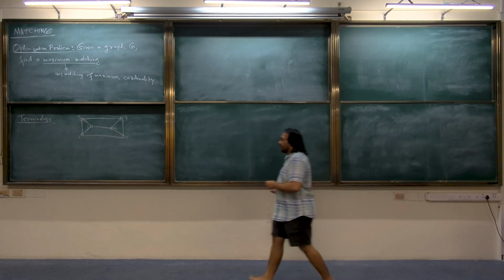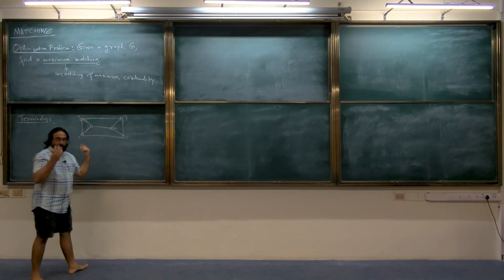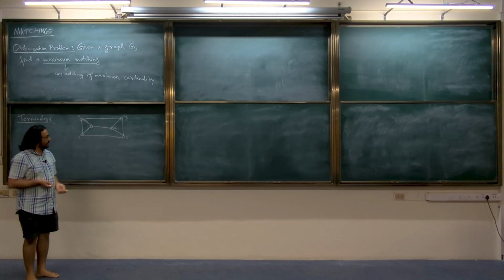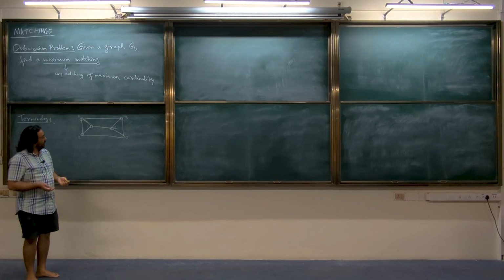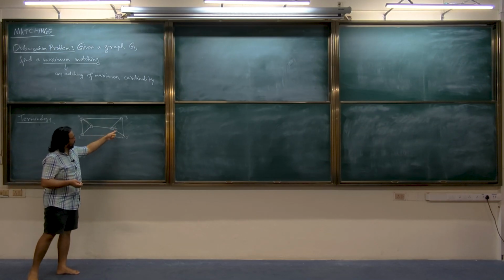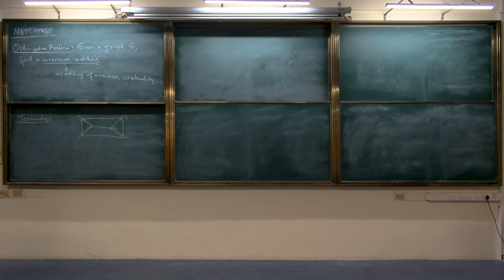So if you do that here, well, it's greedy. I'll pick this edge, and because it's greedy, it's not looking at anything else. I can now pick any other edge that is not adjacent to this edge in order to get a matching. So I could pick this, I could pick this, maybe I'll pick this because it's greedy. I'm not using any additional knowledge. So now what would I do? Now can I pick any more? So I stop. Right?